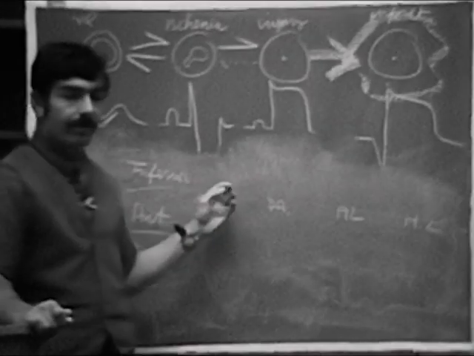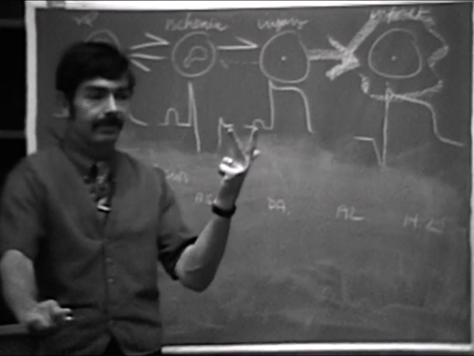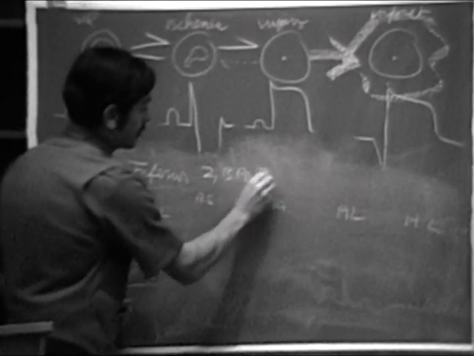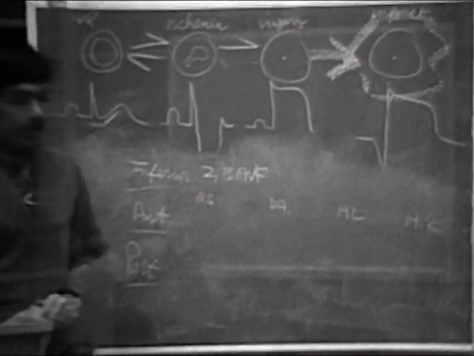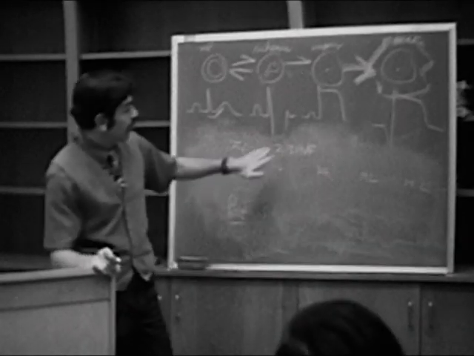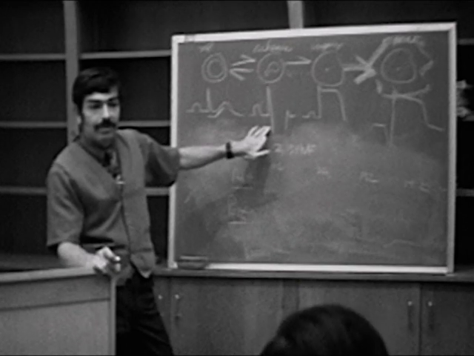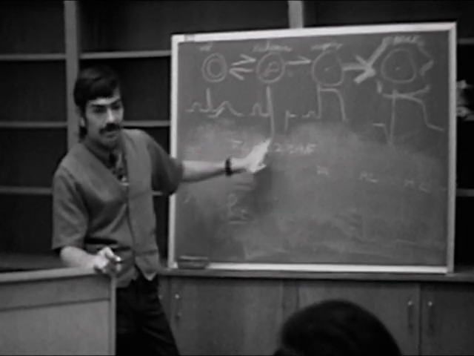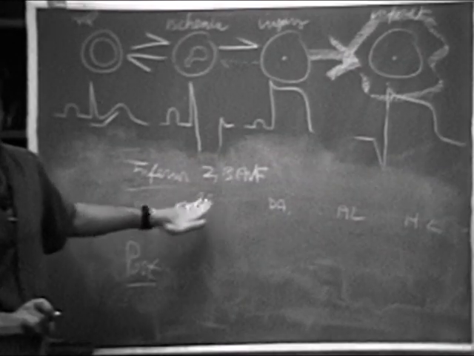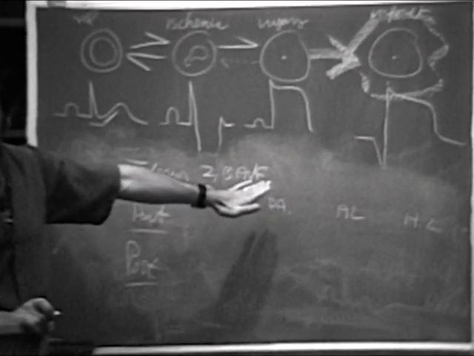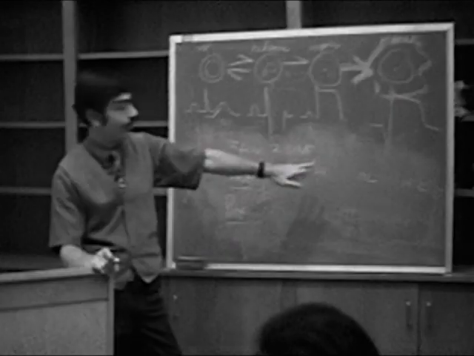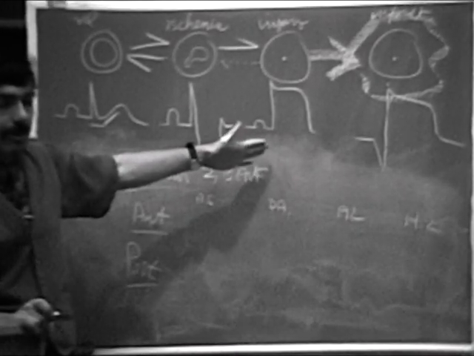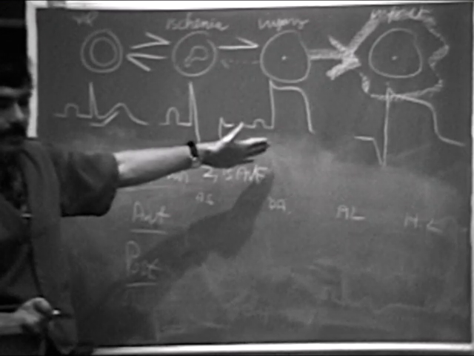So inferior surface, you should think of right away, 2, 3, AVF, right? Okay, so going back, if we see ischemia on the inferior surface, we'll see the changes that we talked about with ischemia and all the variations thereof taking place in these leads, 2, 3, and AVF. If we see injury in the inferior surface, we'll see ST segment elevations in leads 2, 3, and AVF. We'll see it in the appropriate surface, right?